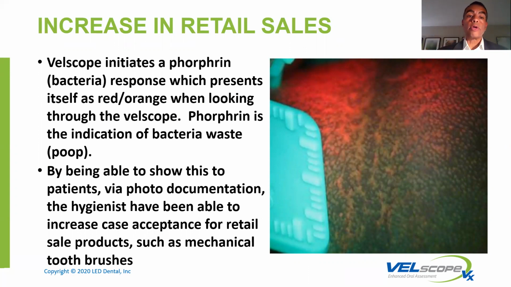This is called porphyrin, or in layman's terms, bacteria poop. And the problem with this waste, it gets in the nooks and crannies of the tongue, and with your manual toothbrush, it's just really hard to get in all those nooks and crannies. And that's why using a mechanical toothbrush, Oral-B or Sonicare, is so much more effective in cleaning your tongue.